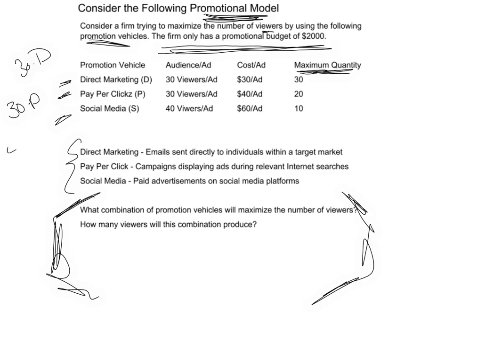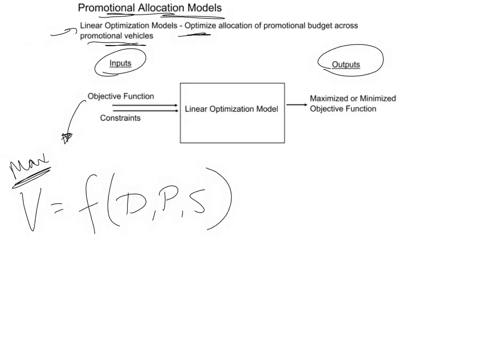And then to finish it out, if I do 40 times S, that's the amount of viewers that I'm going to get from my level of social media promotional activities. And the total number of viewers, I'm just adding those up. So another way that I can write this is that the number of viewers equals 30D plus 30P plus 40S, right?